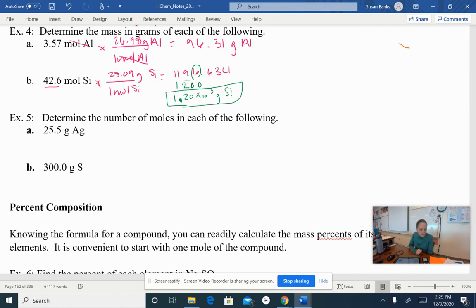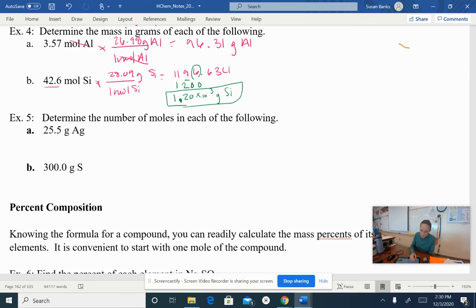Okay, next thing. I want you to try these next two on your own too, and pause the video and come back in a minute or two and check. Okay, we want to determine the number of moles. So we're going to use the opposite. We're going to go from grams to moles here.